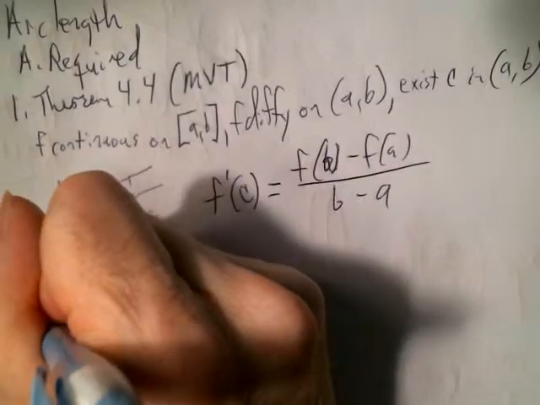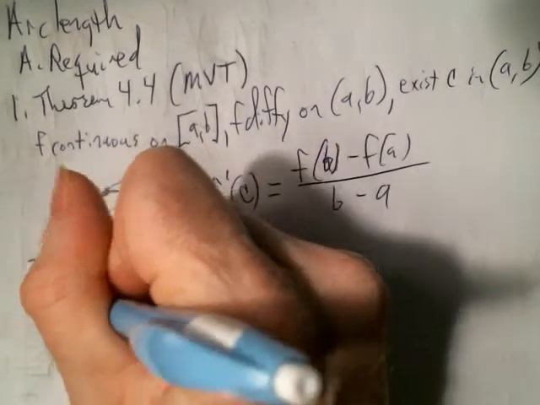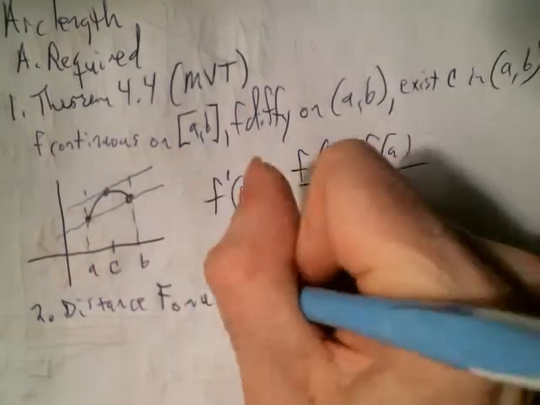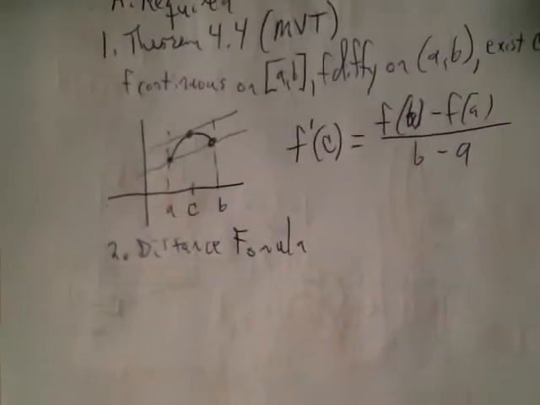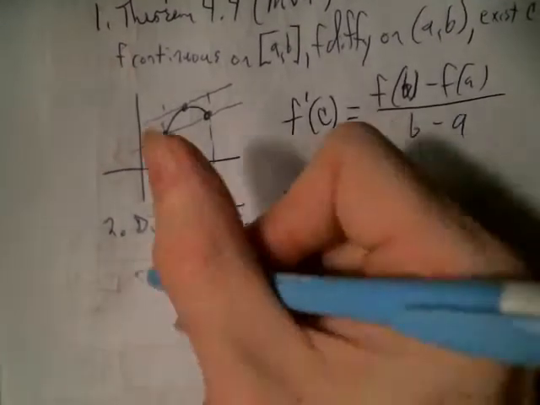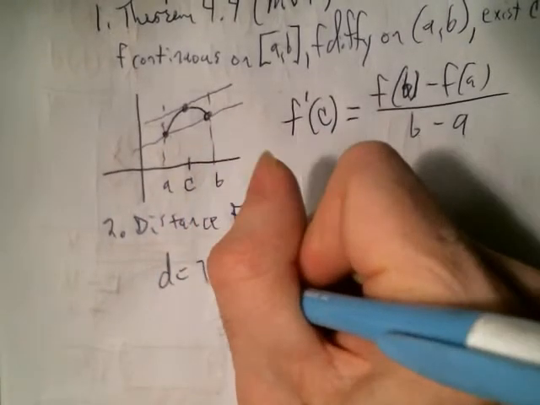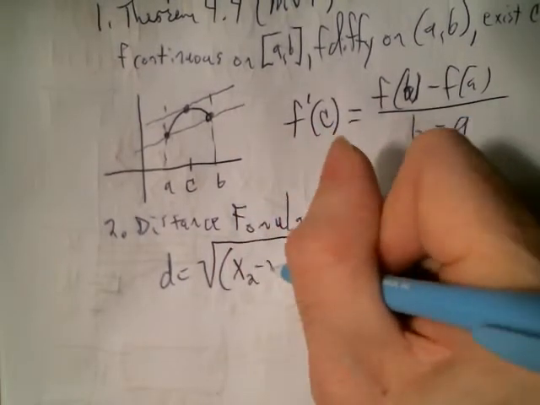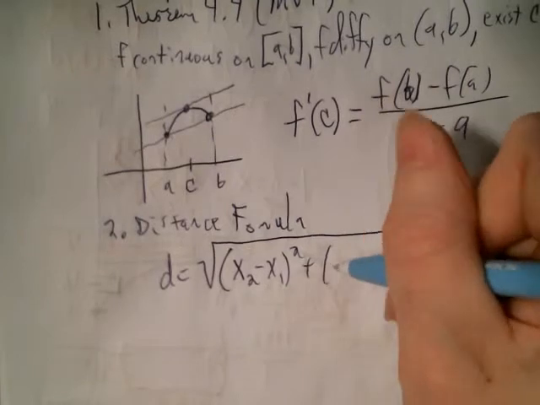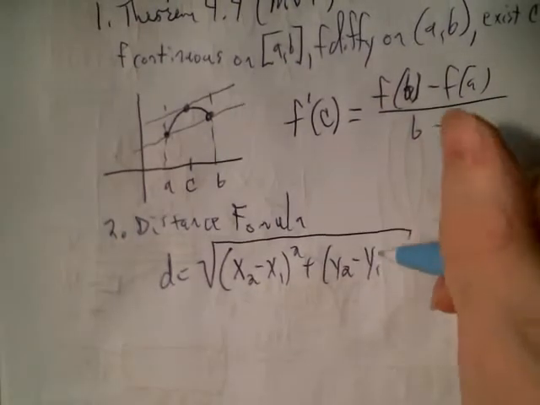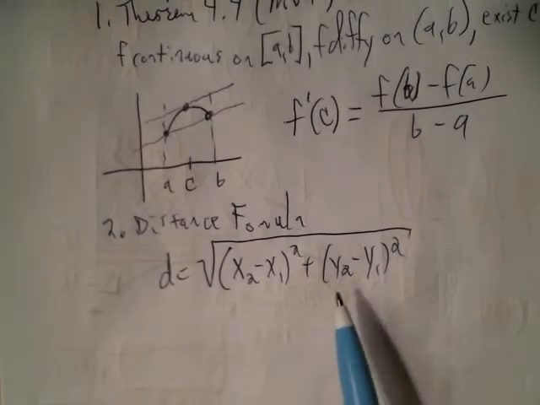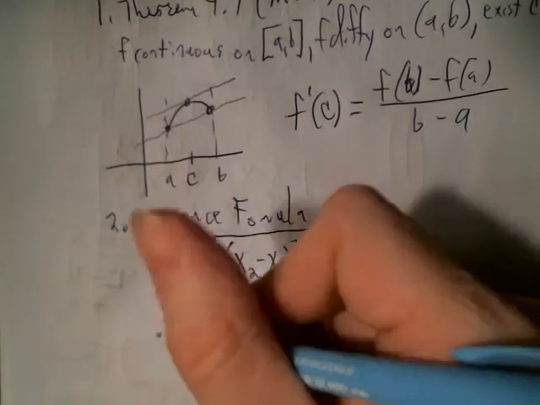The second thing, of course, we need is this distance formula. And then maybe make a note about the distance formula. So you remember what the distance formula was. Distance for two points in a plane: the square root of x2 minus x1 squared plus y2 minus y1 squared. And then note that there's this weird relationship between this and the slope formula.